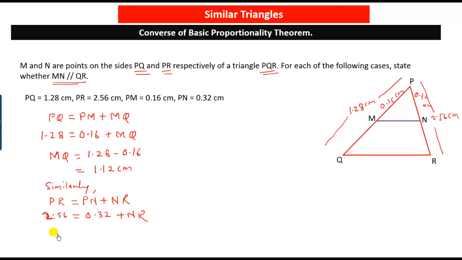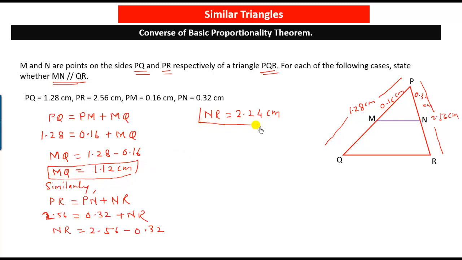Therefore NR is equal to 2.56 minus 0.32, and therefore NR is equal to 2.24 centimeter. So here we have got MQ equal to 1.12 centimeter, and NR equal to 2.24 centimeter.